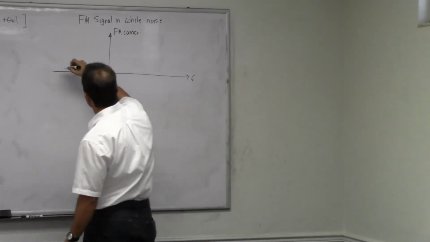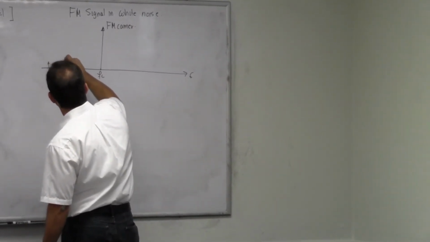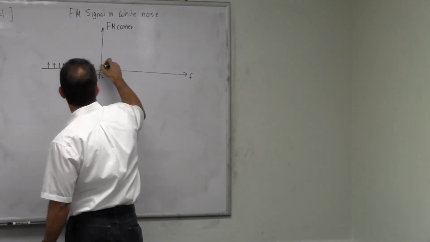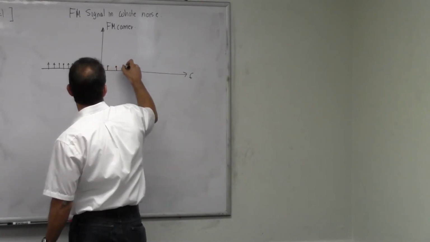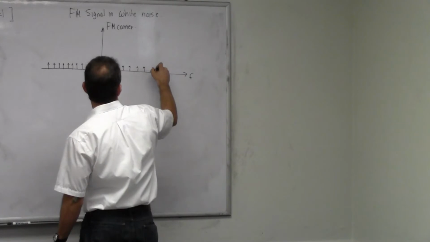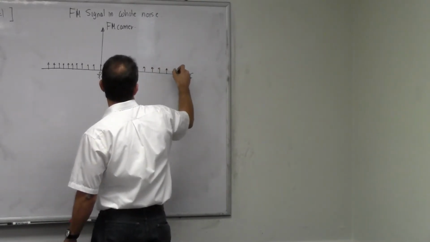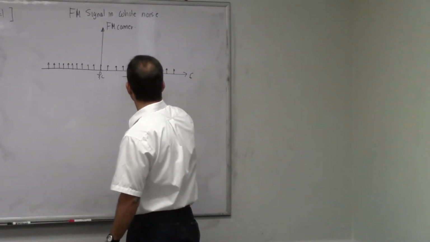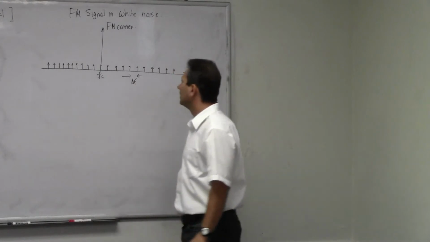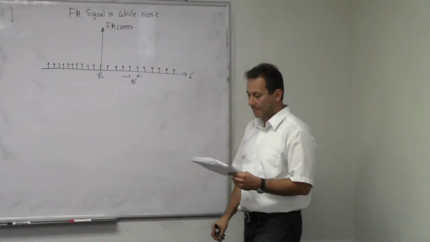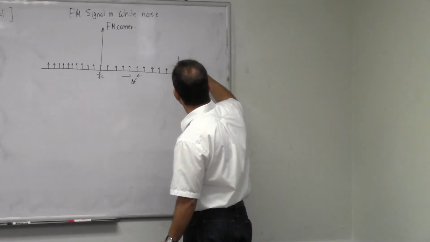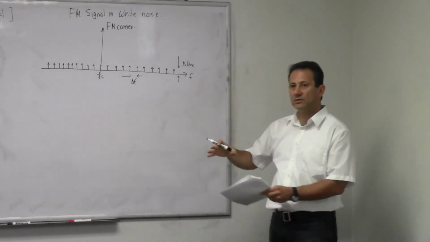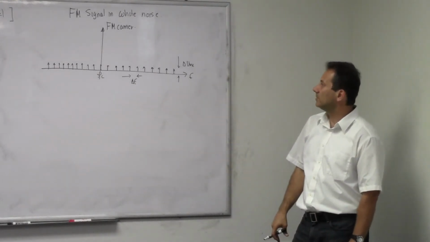Now, look at all of these components. They're small in magnitude. They're separated by delta F, a small incremental frequency. And their magnitudes here are delta U and K, right? The small magnitudes in the amplitude domain.